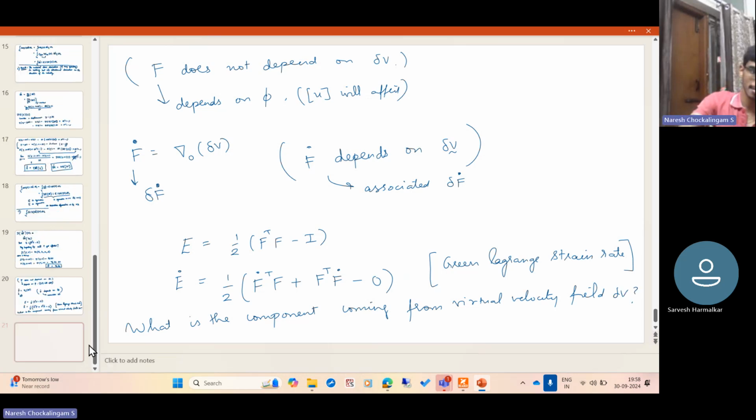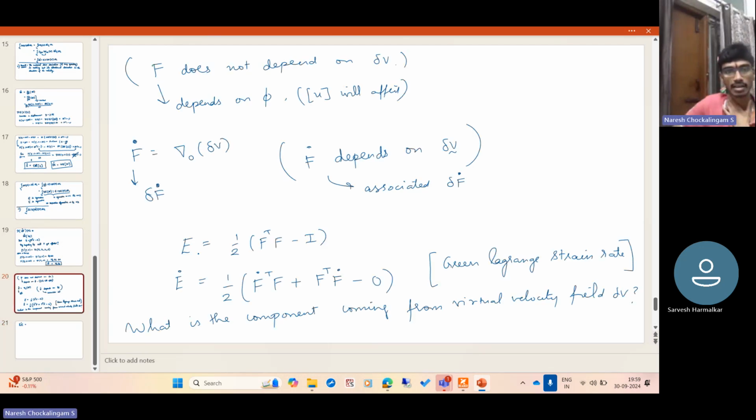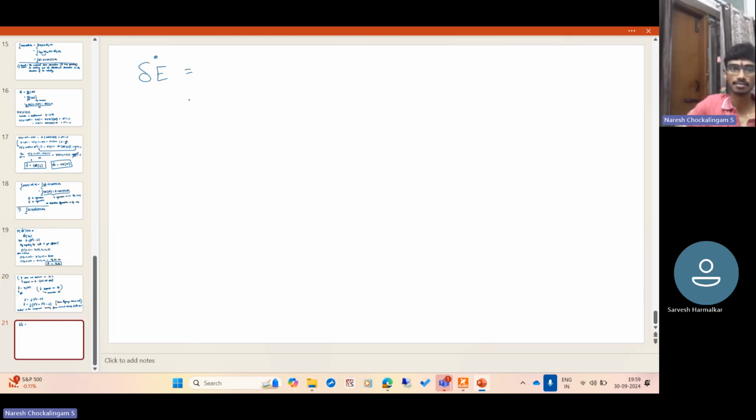That is what we call del E dot. So F is unaffected by del V. F will remain F, but F dot is associated with del V. There is an F dot which is the material gradient of del V. So del E dot is del F dot transpose F plus F transpose del F dot. Okay, so we got an expression for this in terms of F.